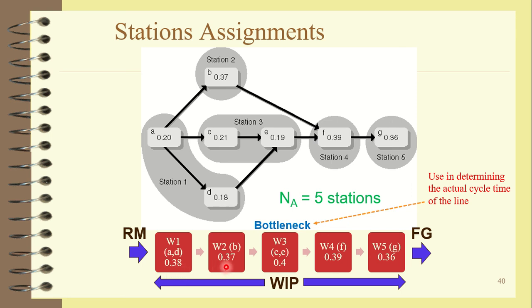This one 0.37, 0.4, 0.39, 0.36. So the maximum cycle time of the workstation is equal to 0.4, compared to the other 4, right? So this one is the highest cycle time of the workstation.